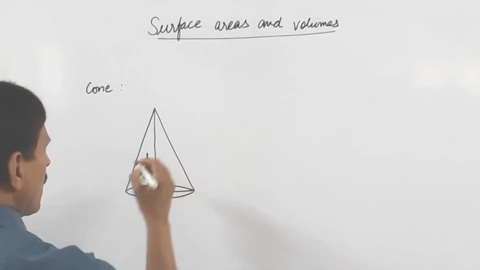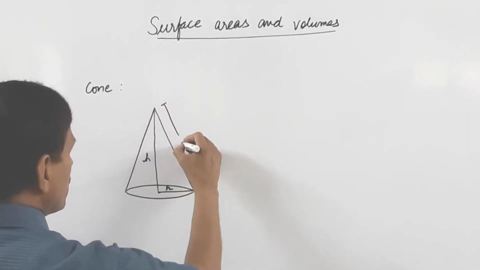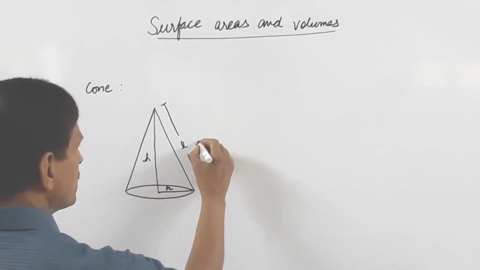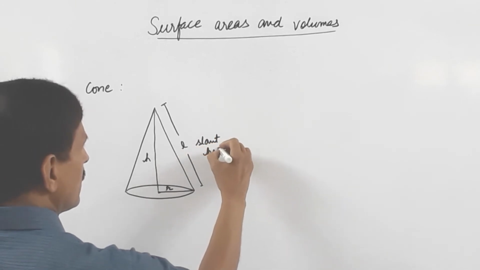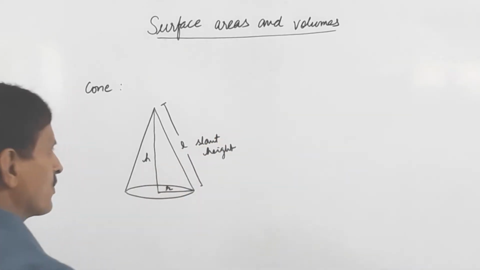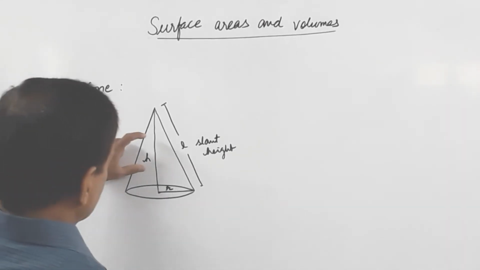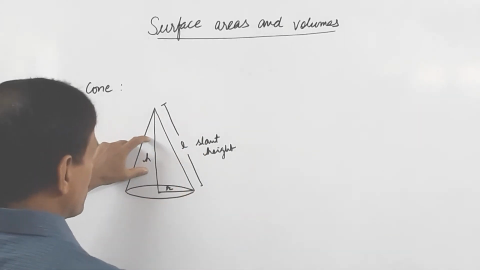This is the height of the cone, and this is the slant height. H is height, R is radius of the base, and L is slant height.